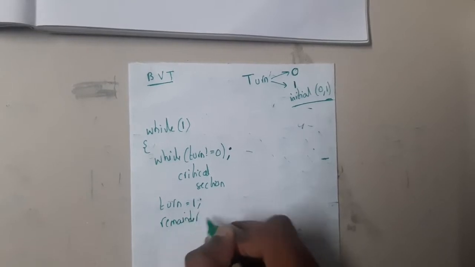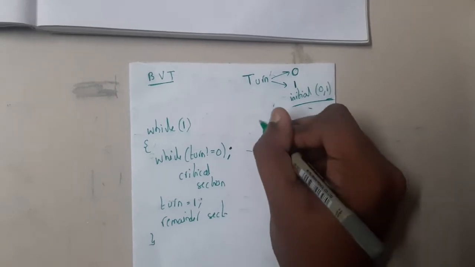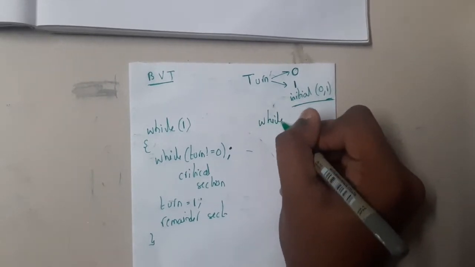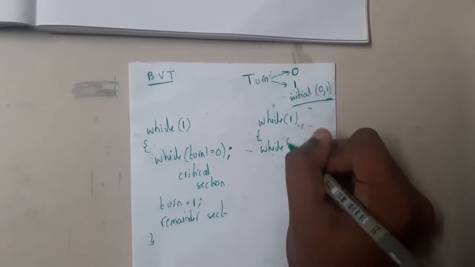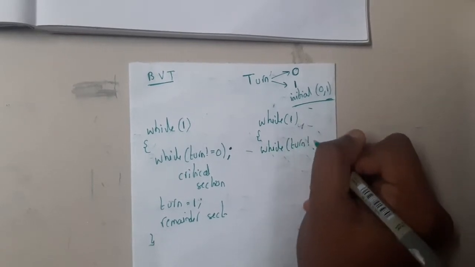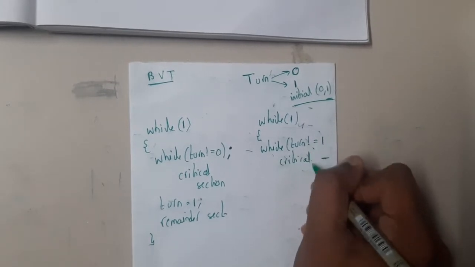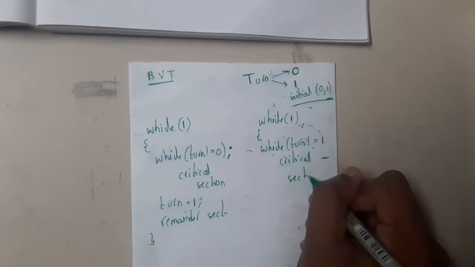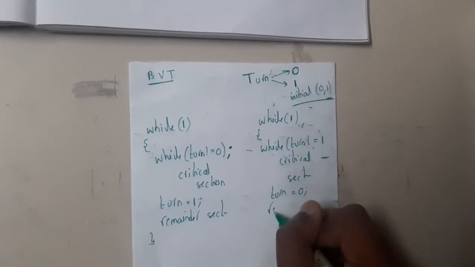The code ends. The same code is there for the other process, but the value will change. So while (turn != 1); critical section, turn = 0, remainder section.